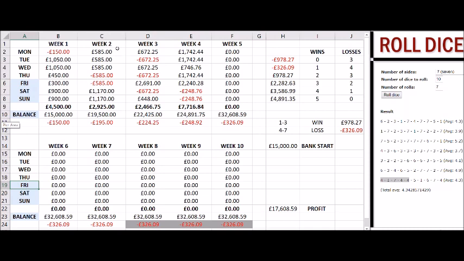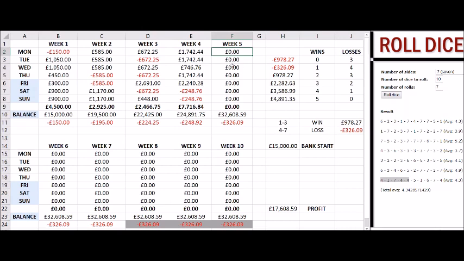I think yesterday there was a losing week in one of the first 3 weeks, but so far we've avoided any losing weeks. So we're going to go into week number 5 now.